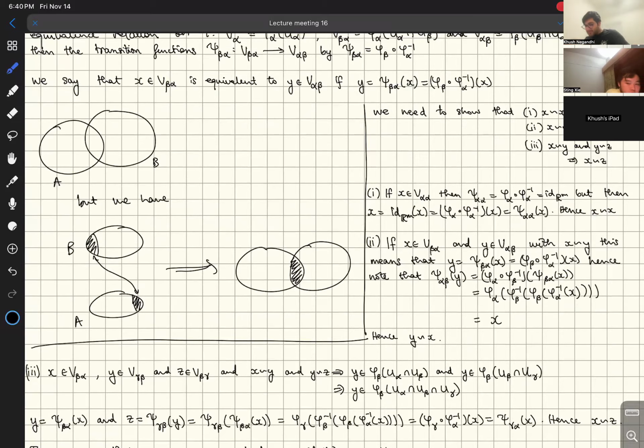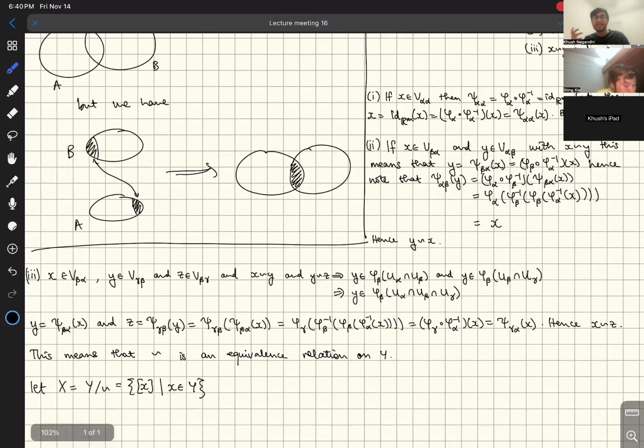And we haven't given it any topology, right? There's no topology that we've given so far, because we don't know what the topology of this disjoint union then quotient should be. So let's do a quick aside on the topology of the disjoint union and quotient.